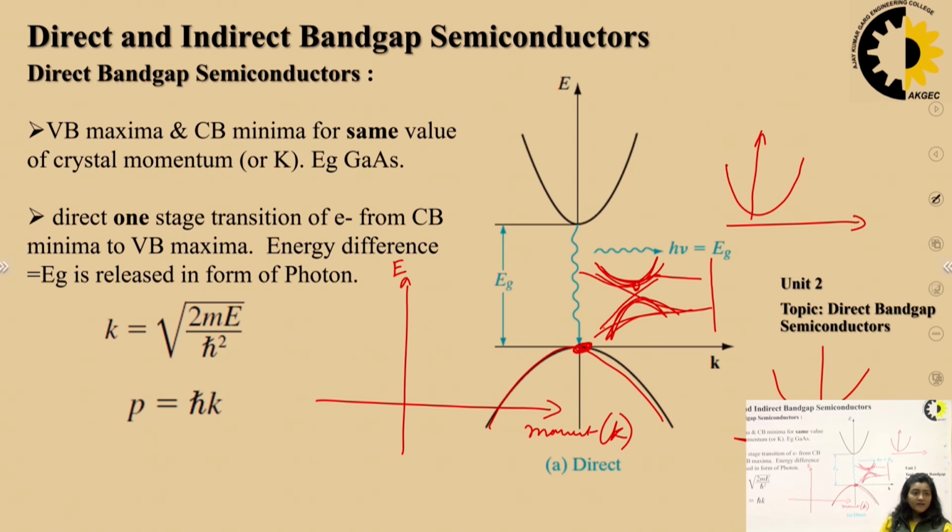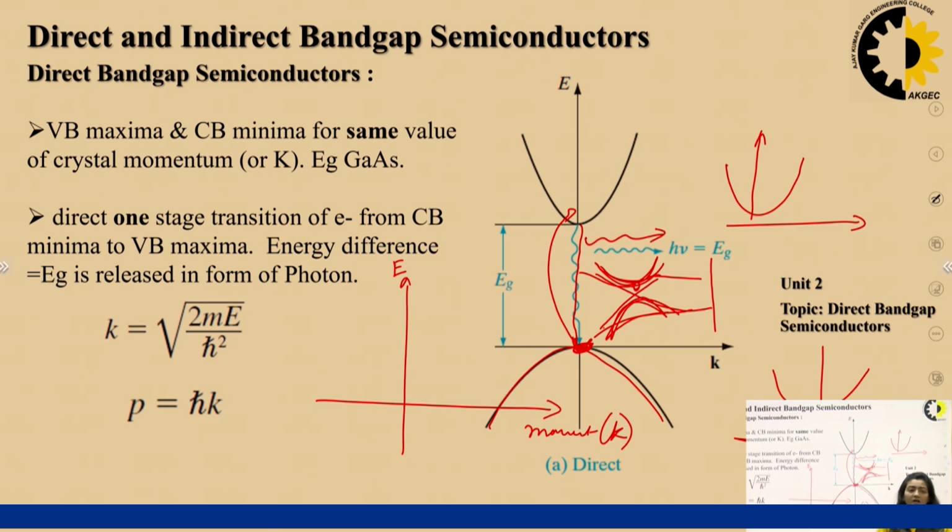What we call direct band gap means that as soon as the electrons in the valence band get the energy, they go to the conduction band in one direction. And as the energy is released, the electron falls from the conduction band to the valence band, releasing energy in the form of light, or photons.